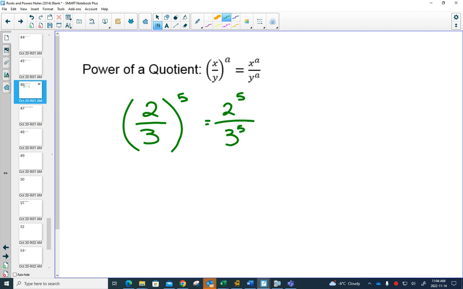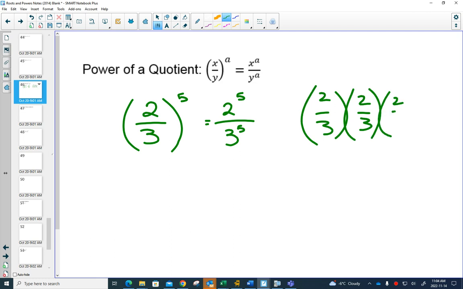If we think about what an exponent of 5 means, that would be 2/3 multiplied by itself 5 times. Does it make sense when you multiply fractions, you multiply the tops, you multiply the bottom? So if we look at regular numbers, we can see why the rule says what it says.